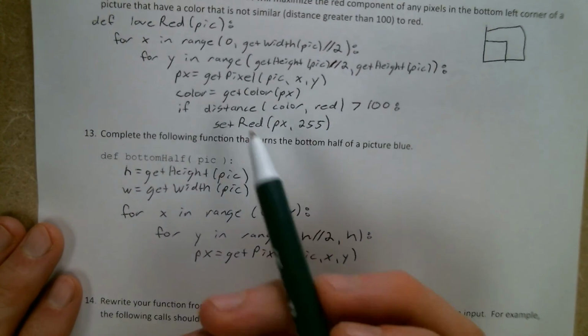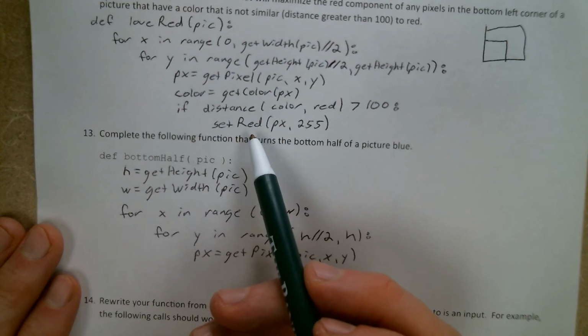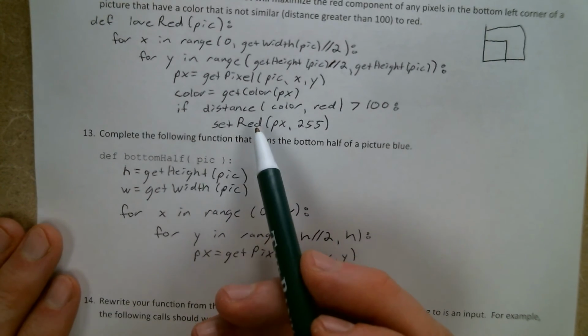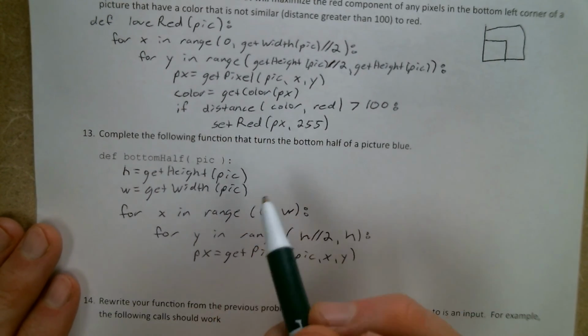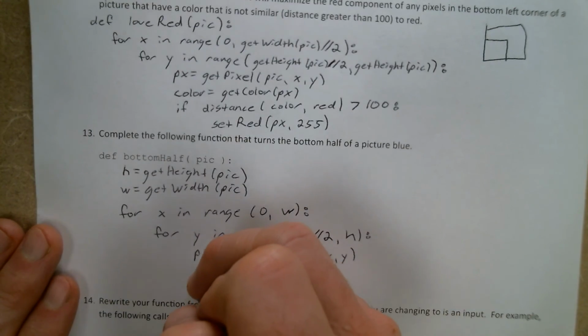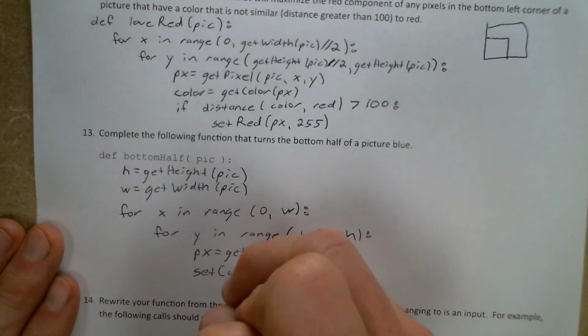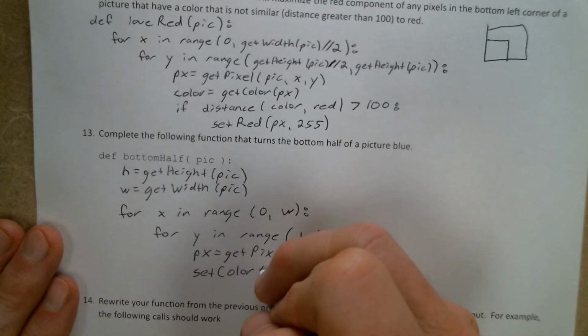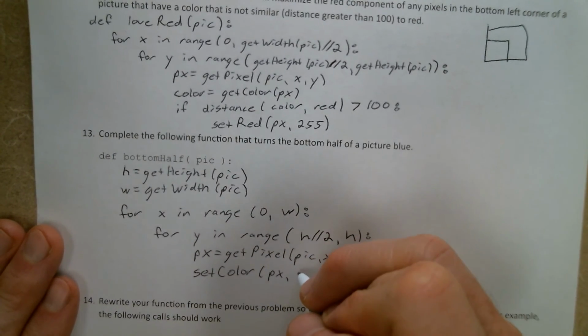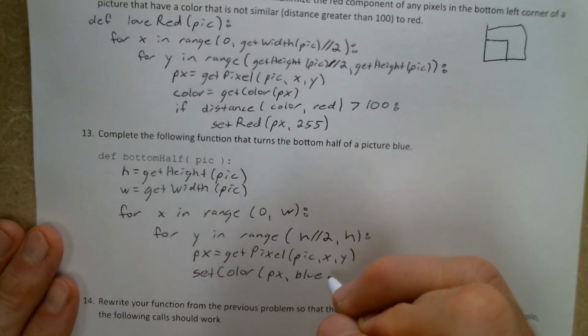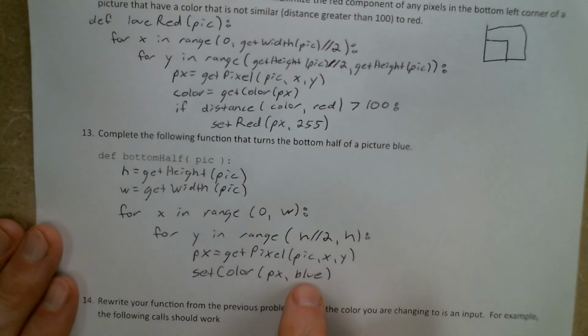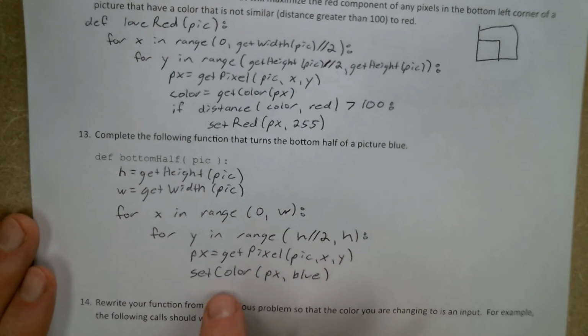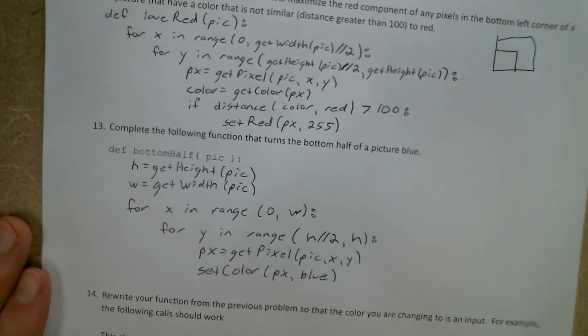I could go through and say set red to 0, set green to 0, set blue to 255. But I can also just use setColor and say setColor of px to blue. That'll work because blue is a reserved word. So I can just say setColor of px to blue, and then I'm done.